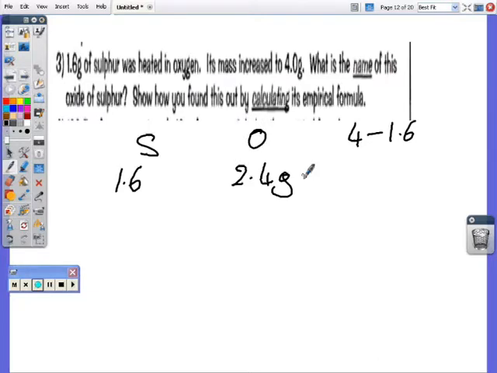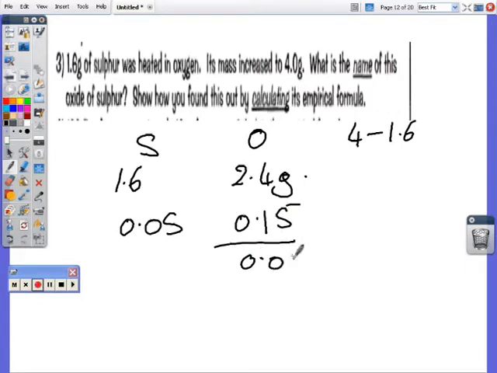So 1.6 divided by 32 is 0.05. And 2.4 divided by our 16 is 0.15. If we divide both of those by the smallest, we will get a ratio of 1 to 3, so that is indeed sulfur trioxide, or SO3.